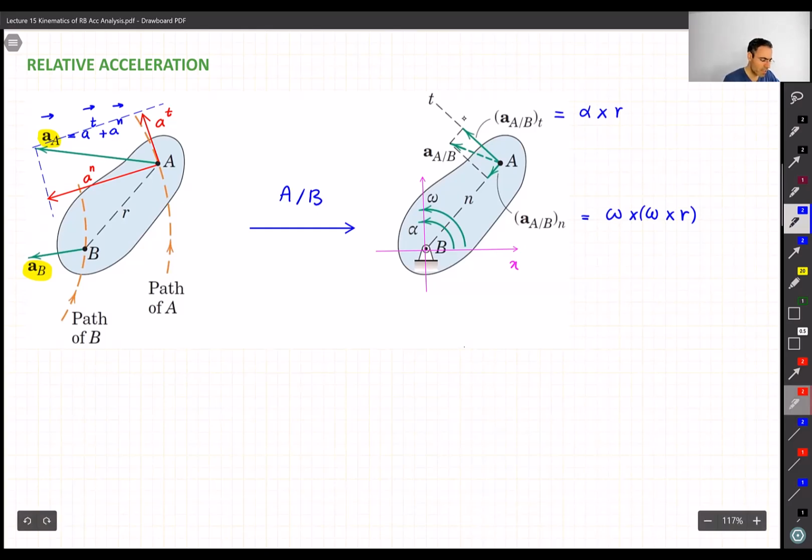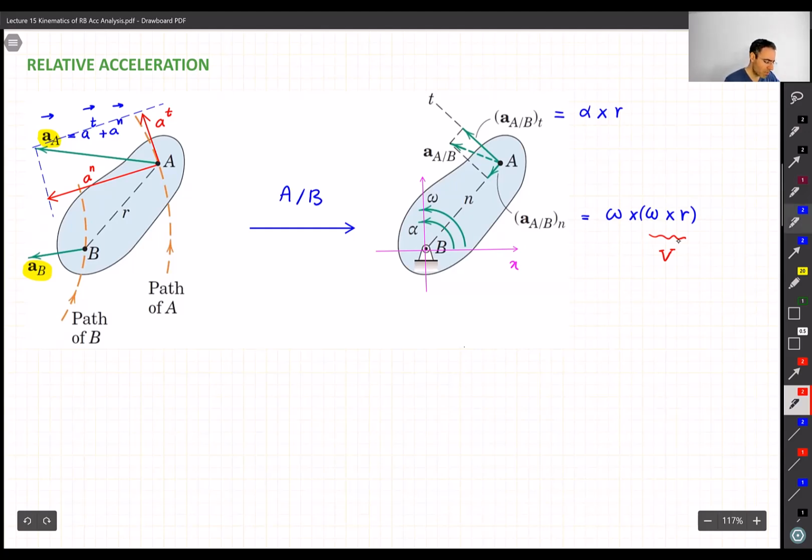Or we said you may write it as omega cross R, velocity. Do you remember that formula? When something is rotating on a circle in vector format, tangent acceleration is alpha cross R, and normal acceleration is omega cross omega cross R, or you can write omega cross R as velocity.